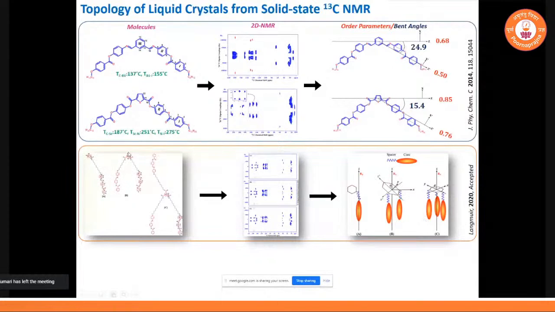Whereas when you have this center ring flanked by two wings, it will orient in this fashion. The center phenyl ring makes some tilt with respect to the magnetic field, and the side wings are oriented in this fashion, because you have to take into consideration symmetry as well as space volume.